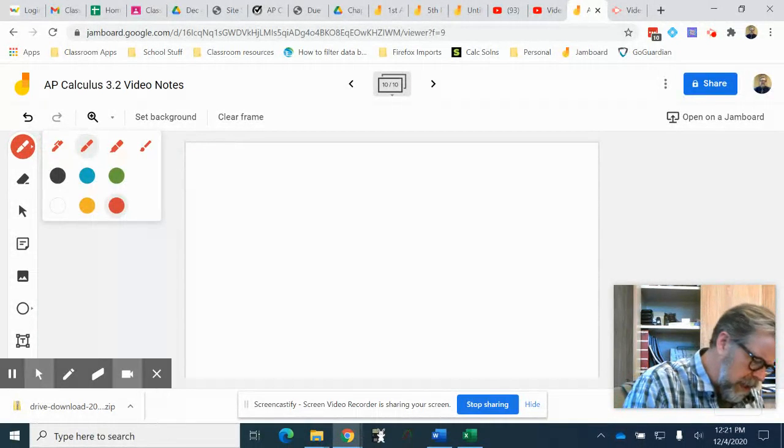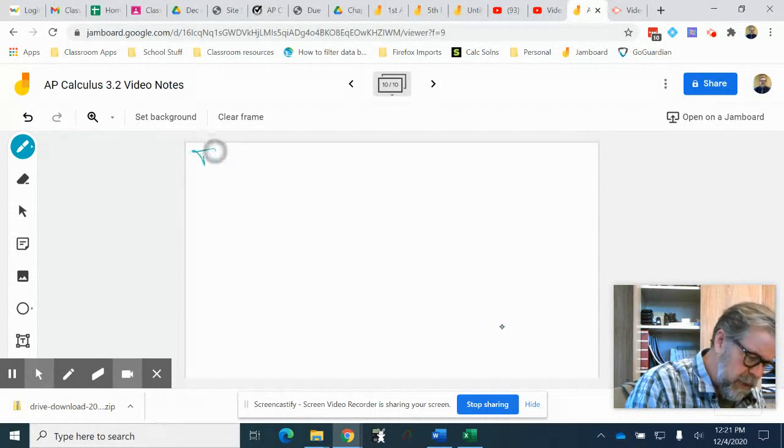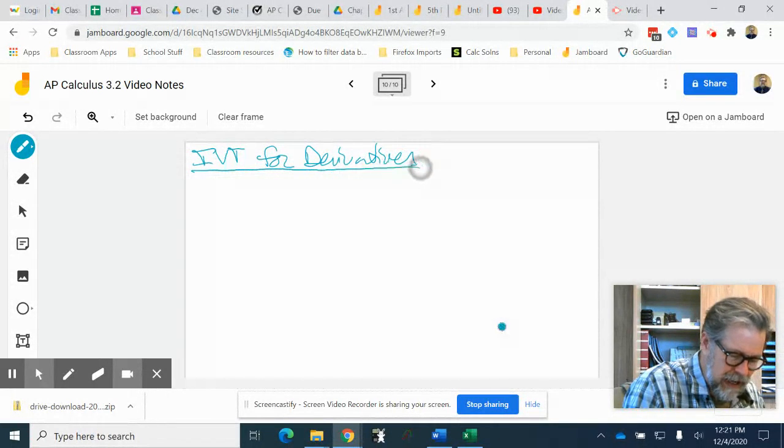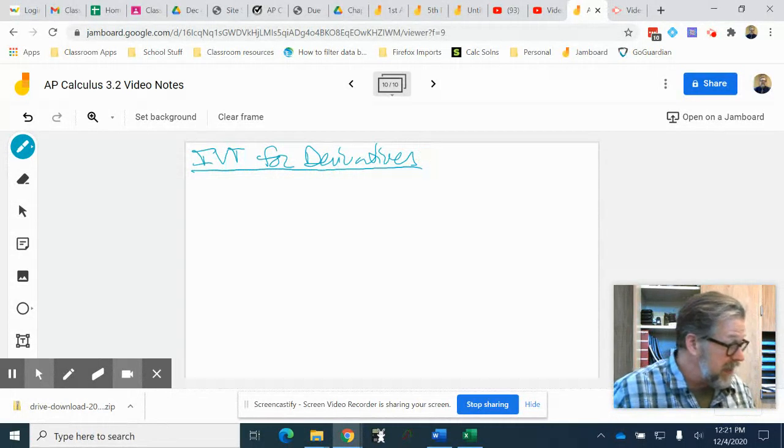Guys, very quickly, one last thing, the intermediate value theorem for derivatives. I'm not going to spend much time on this. We're not going to be really using it in AP Calculus, but it is in the book.